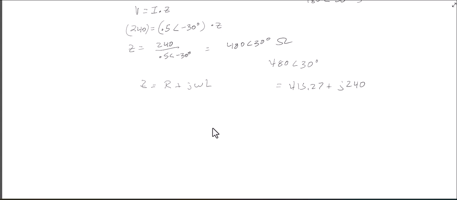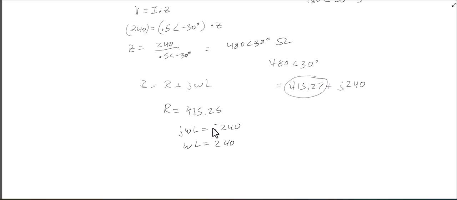And so this is the resistance, the resistive part. And we know that J omega L equals J240, or omega L equals 240.